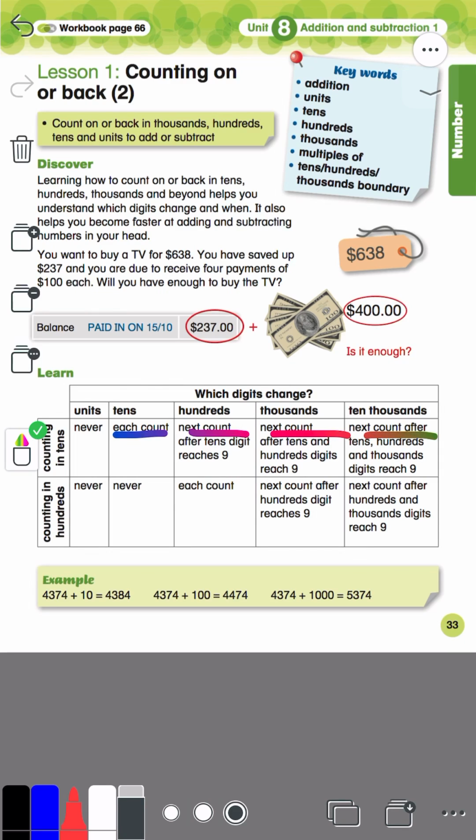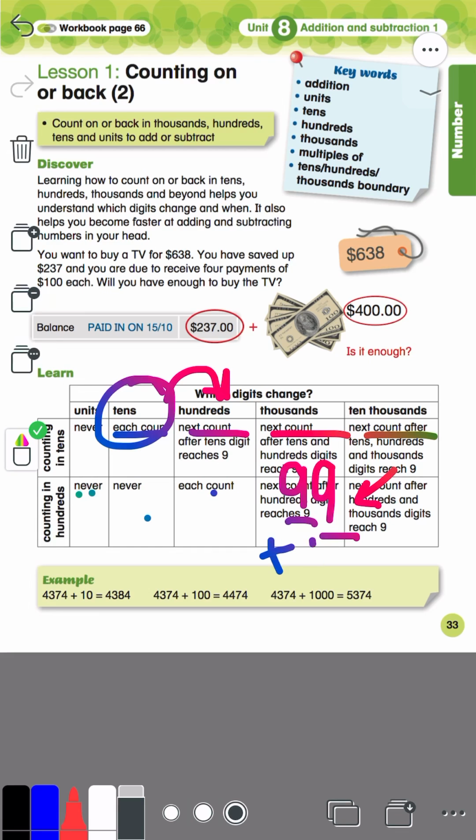So each time when we add tens, we are keeping everything fixed, the units fixed, and we are adding tens. But after the tens become 9, in the next count, the hundreds change. And after the hundreds become like 990, the next count in tens makes it 1,000 more.